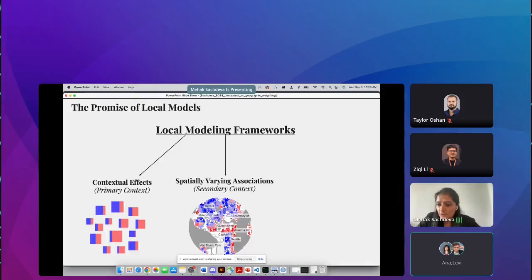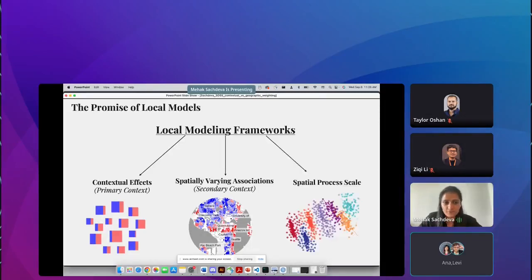These techniques are also able to estimate unique spatial scales across which processes might vary. And they're also able to estimate contextual effects, primary or secondary, which has to do with how processes vary due to the location at which the models are being estimated.